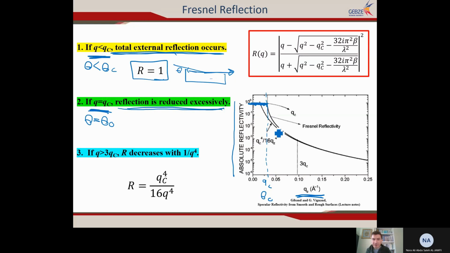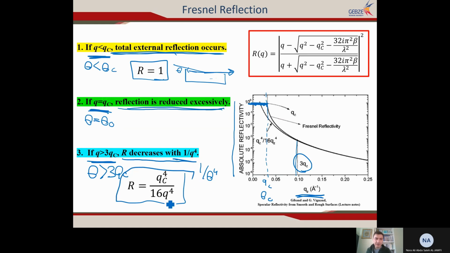After this part, when Q is bigger than 3 Q critical, or theta is bigger than 3 theta critical, reflection decreases with 1 over power 4 of Q, or 1 over power 4 of theta, you can say. Okay, so this is the reflection.